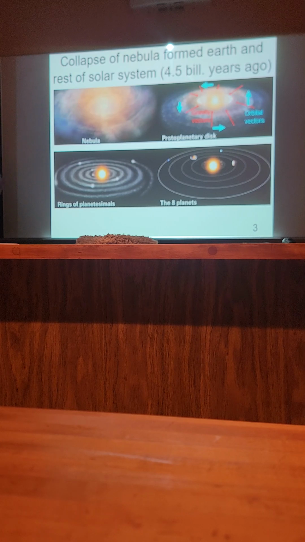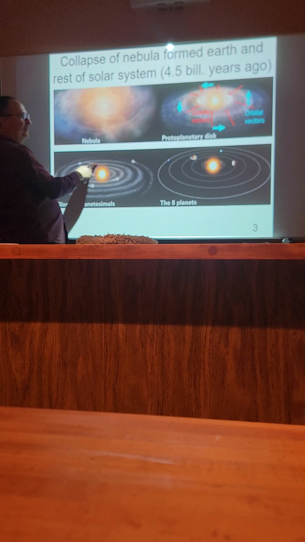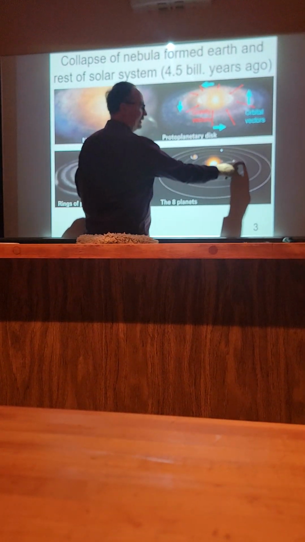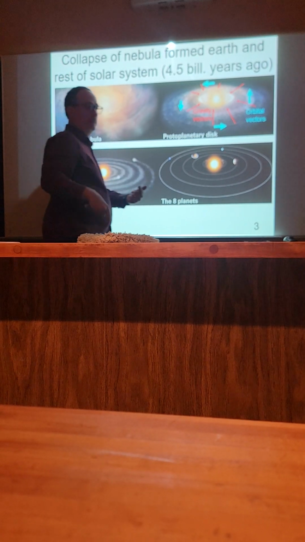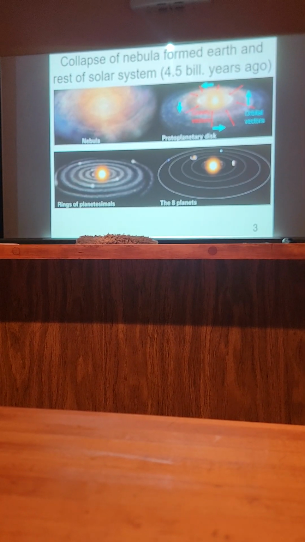There's good evidence for this too, based on the planets moving around the sun in the same direction. They're spinning in the same direction. Most of them have their axis of rotation more or less vertical, except when they're hit by big meteorites, and then they're offset a little bit.